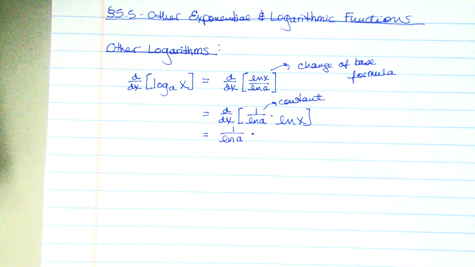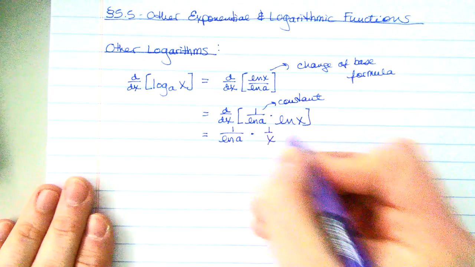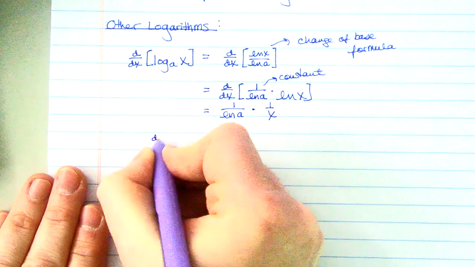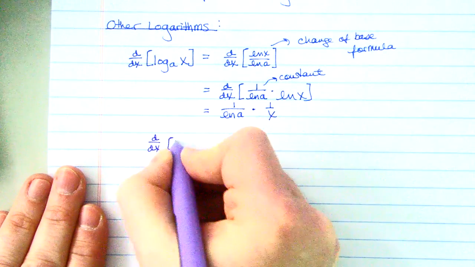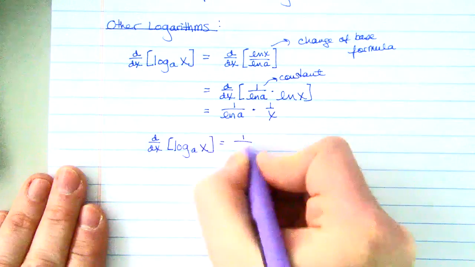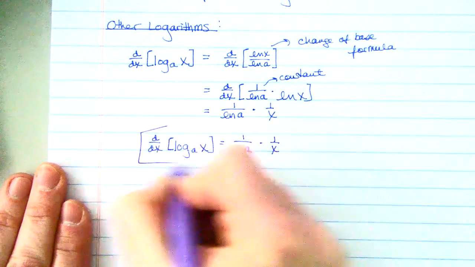Which is what? 1 over x. That's my formula for the derivative. The derivative of log base a of x equals 1 over the natural log of a times 1 over x.